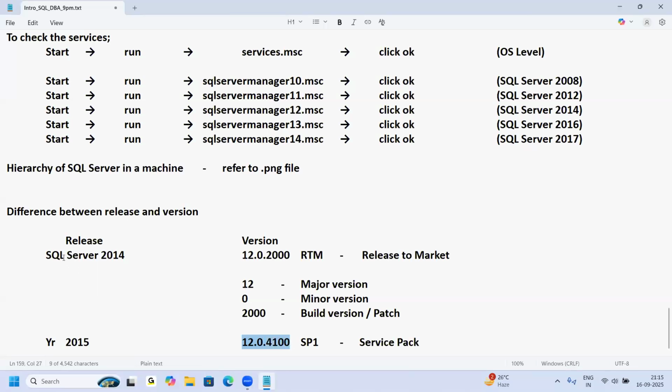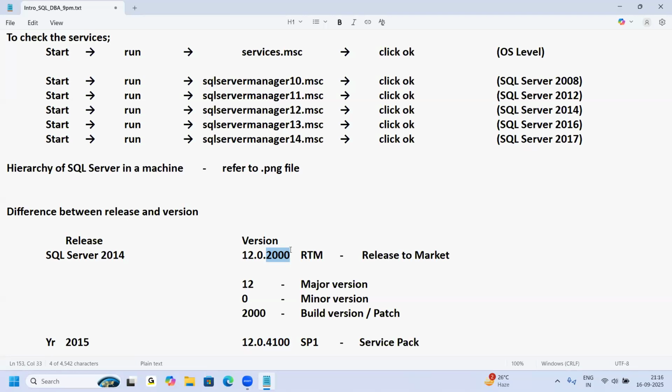So it means it took them 1 year. 4,100 minus 2,000 means almost 2,100 changes Microsoft made from its release, over a gap of 1 year.